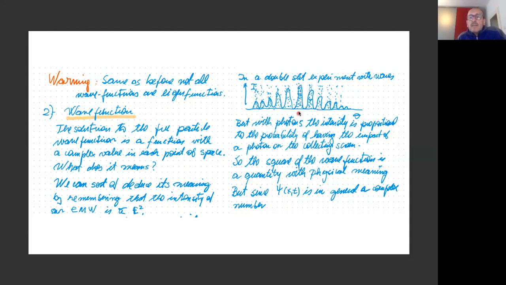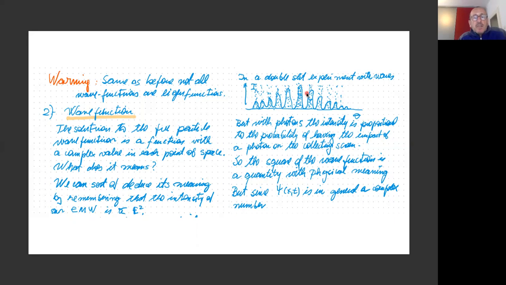And if the thing is more intense, it means that there are more particles in that position. Aha. So we can try to make an analogy here with my wave function of matter and say, look, maybe if I square the wave function, and this is a high value, it means that I have a high probability of the particle being there.